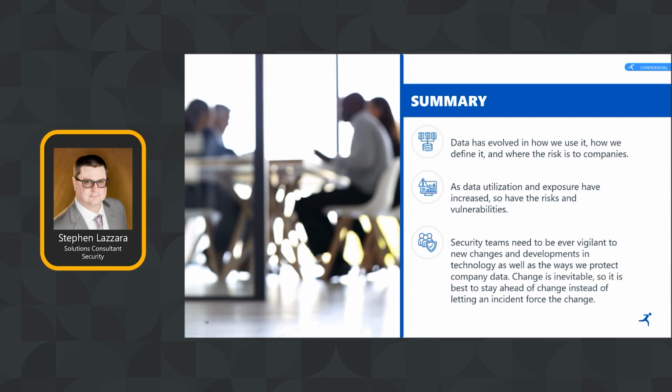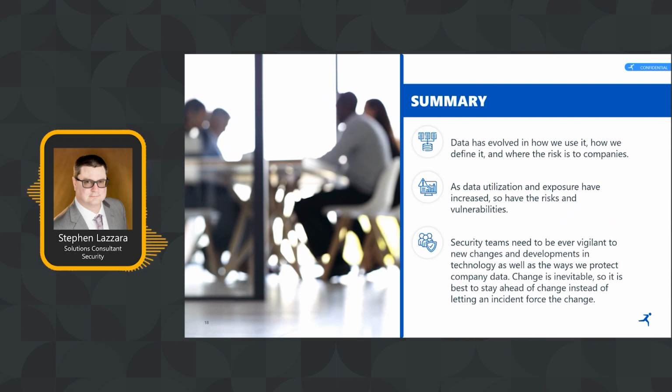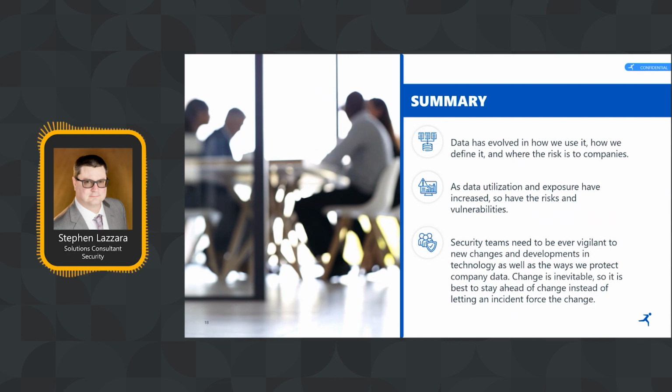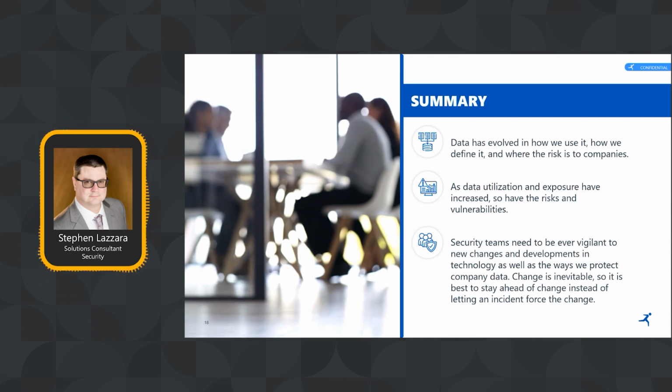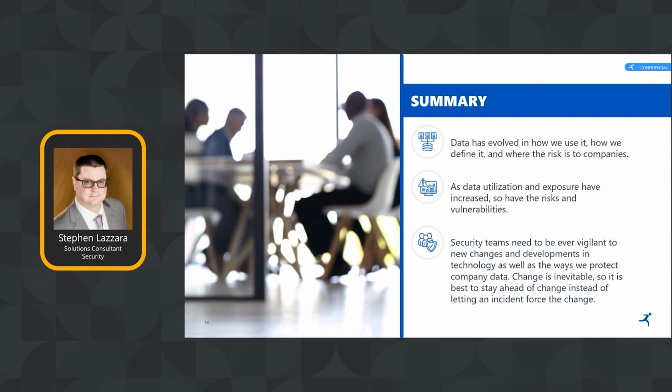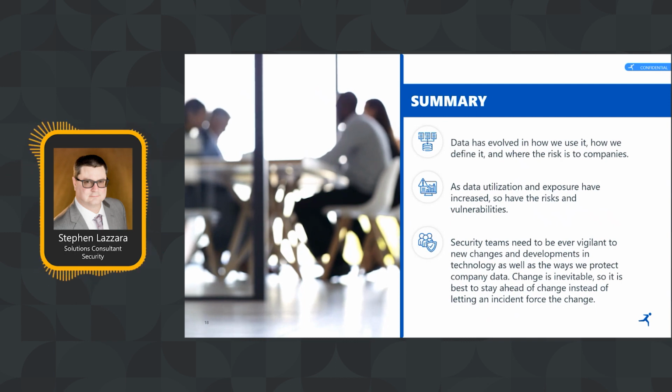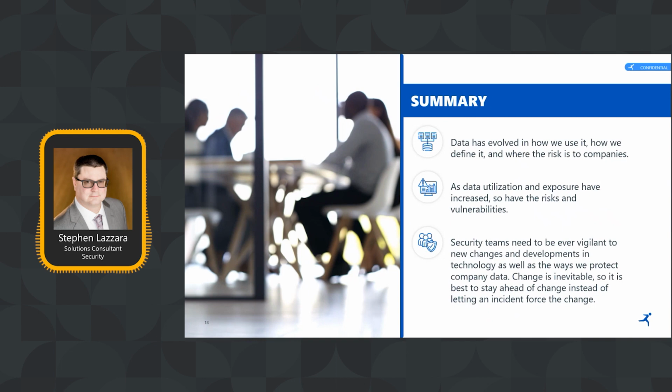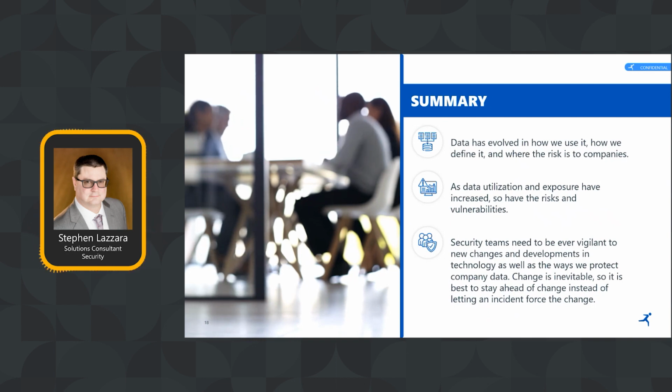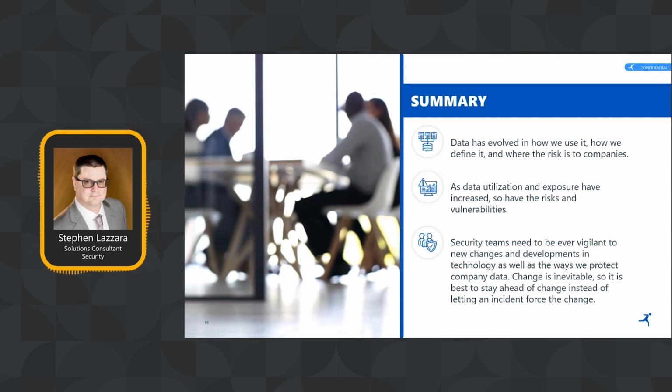So in summary, data is evolving. How we use it, how we define it, and where the risk of it is, where companies are, is changing rapidly. And as we're putting more and more usage of data, more and more dependency on what information we're gathering, what information we're utilizing, and how information is shared, the risk and exposure of it is increasing geometrically.